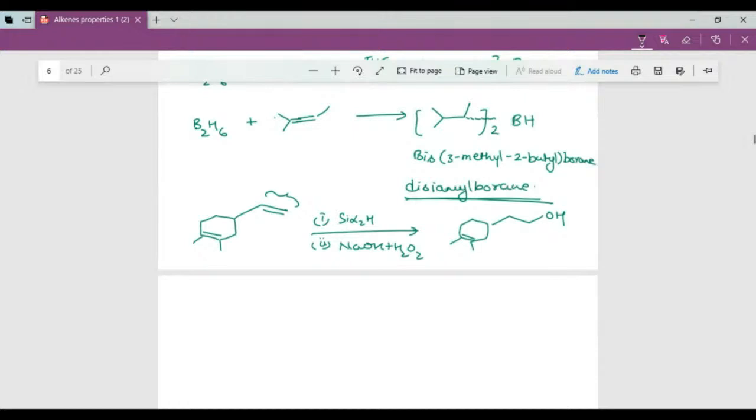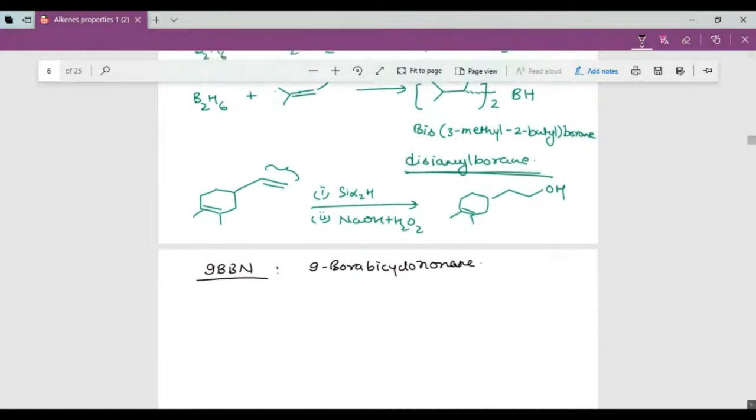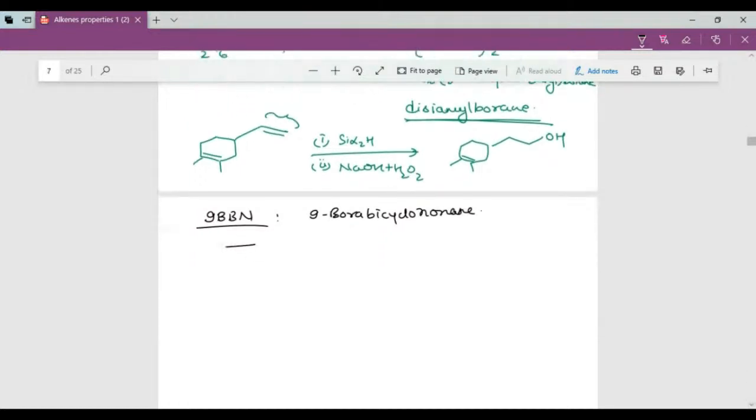The other type of this is, there is also one more called 9-BBN. It is 9-borabicyclononane. It is formed by a reaction of cyclooctadiene.